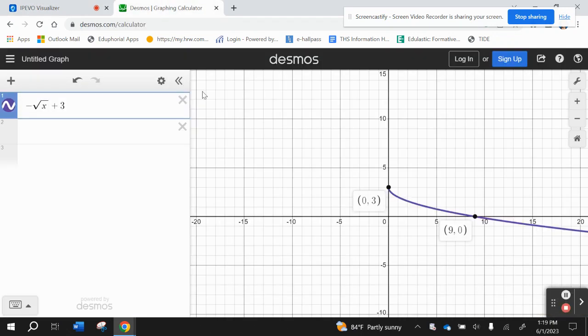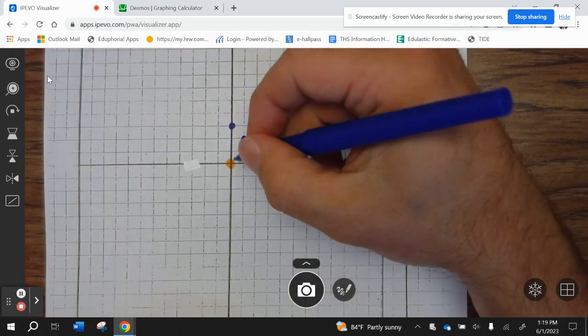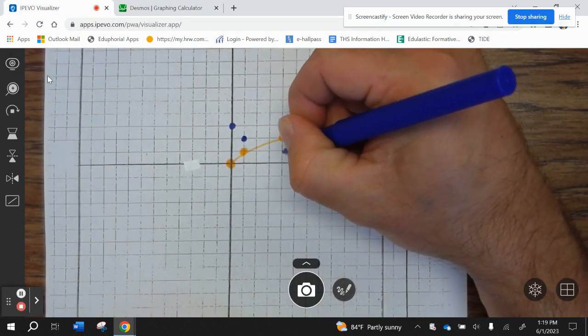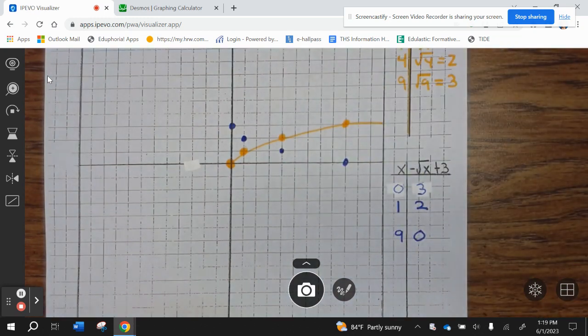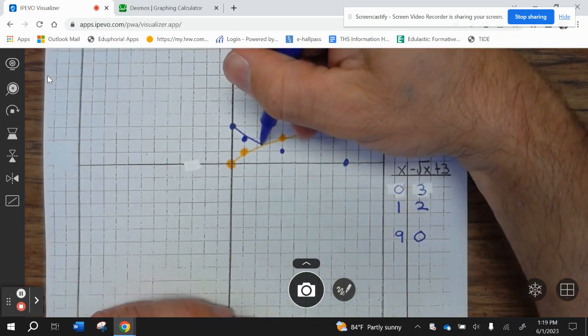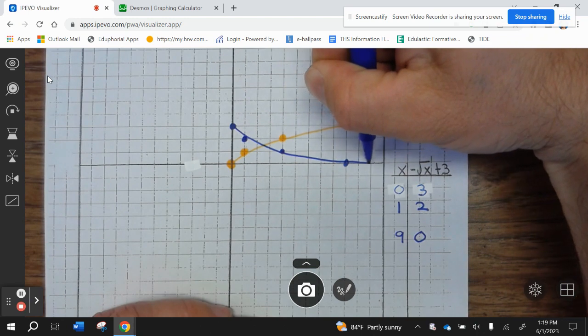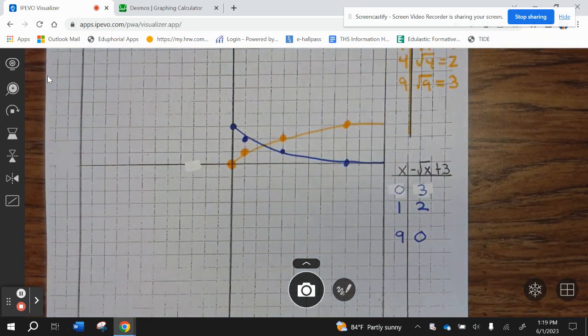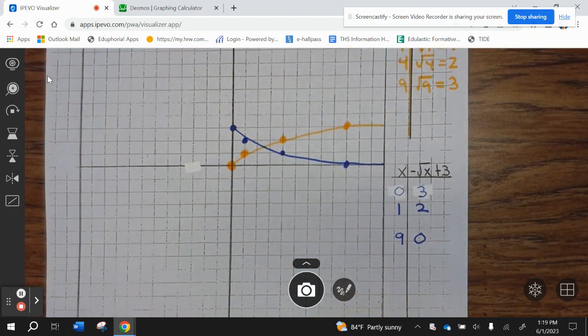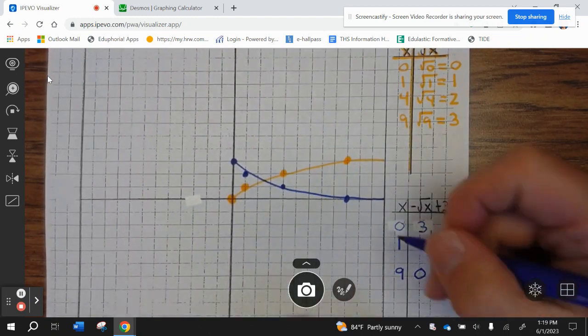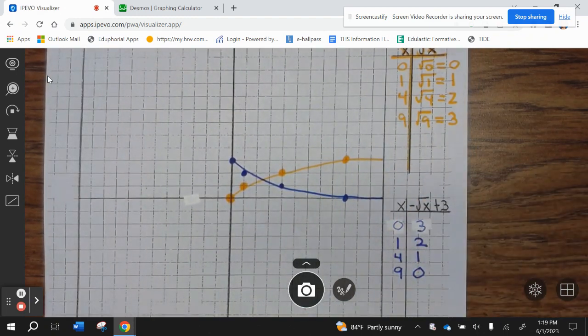And then 4, 1 is our next point. So 1, 2, 3, 4, 1. So now you can see the graph.